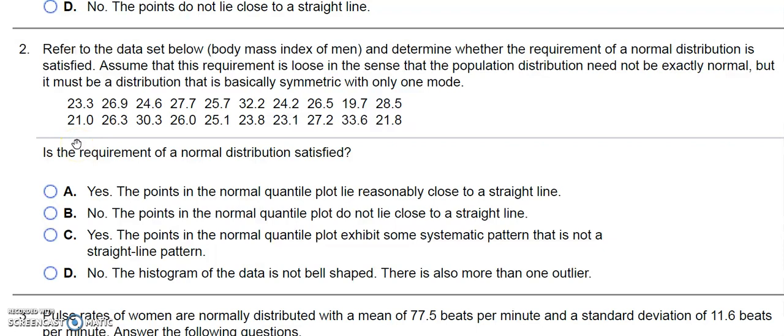So once you know the mean and the standard deviation, you can also calculate the z-scores corresponding to each of these. And then you can use Excel to create the QQ plots. And you will see that in this case the points lie reasonably close to a straight line, so it is normally distributed data.